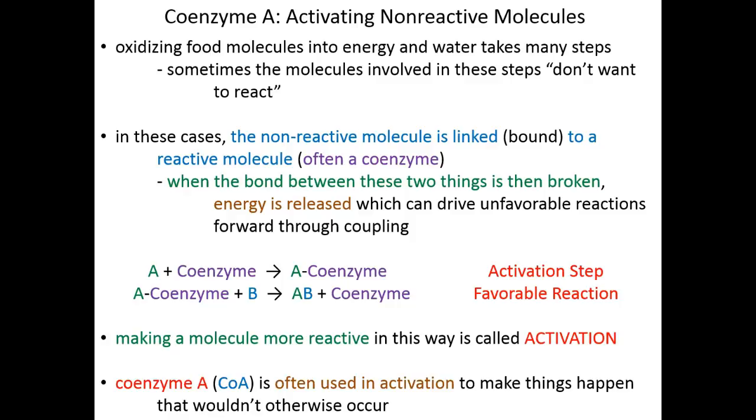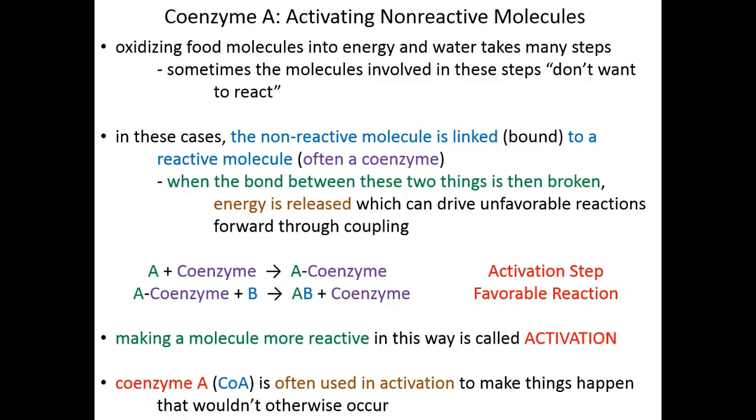And the most common coenzyme that we will encounter that's used for this purpose is called coenzyme A, or CoA for short. CoA is used to activate lots of different molecules to make reactions occur that wouldn't otherwise occur. The most common example of this that we will encounter in just a little bit is a molecule called acetyl-CoA.